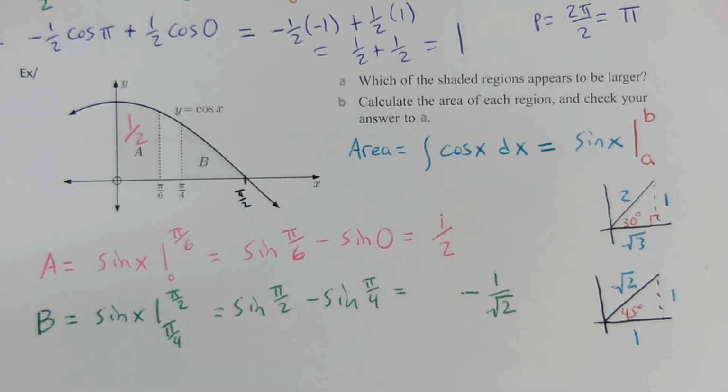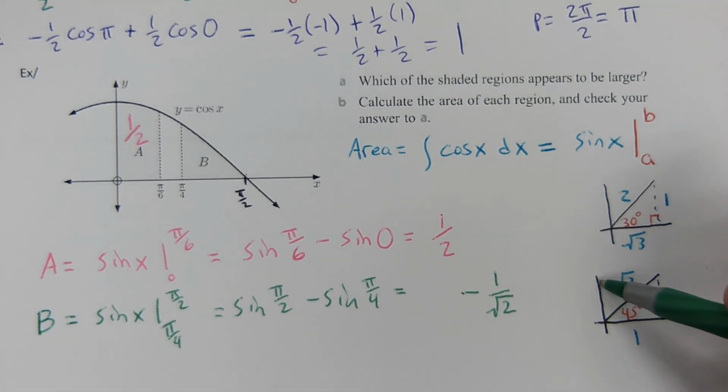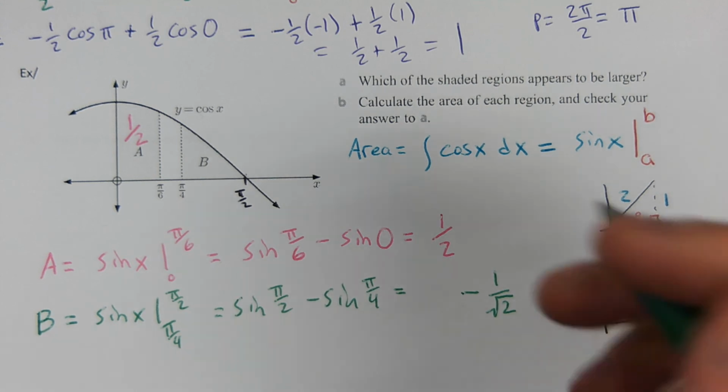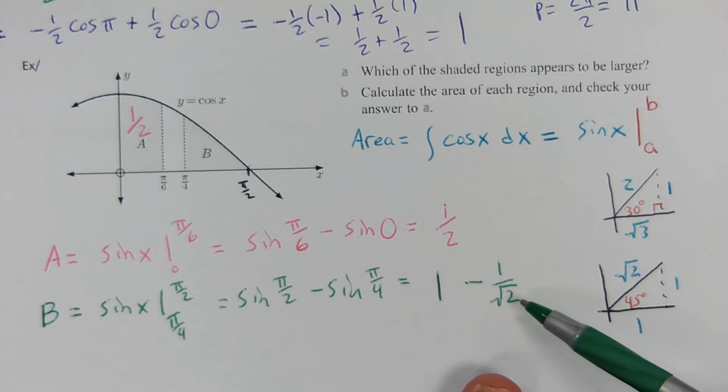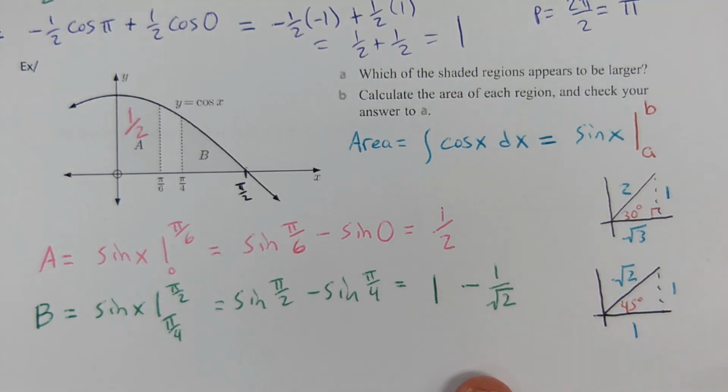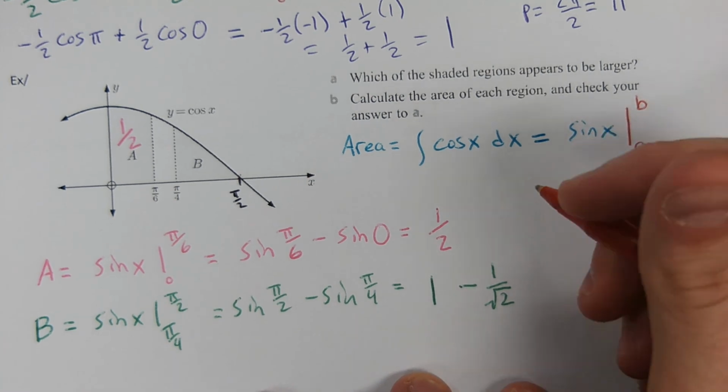But sine of pi over 2 is just 1, because if you're up here, you're at the coordinate 0, 1 on the unit circle. So y over r is going to give you 1 over 1, which is just 1. And 1 minus 1 over root 2, I'm not really sure what the size of that is, so I'll rationalize the denominator.